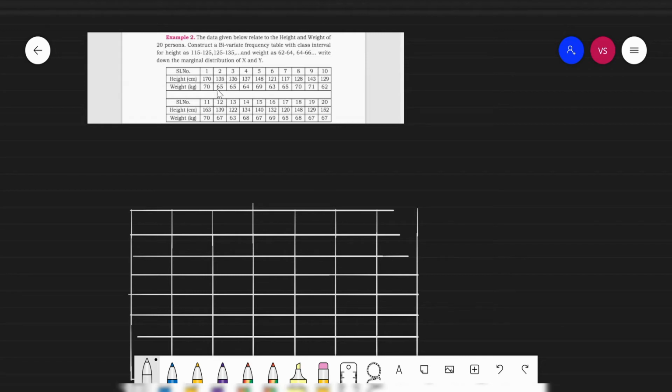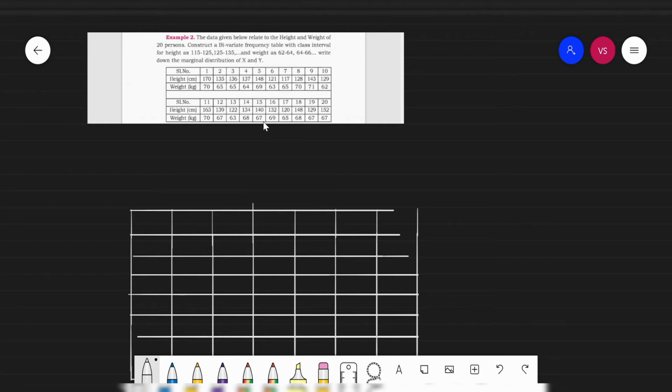Like that, all the data is given for 20 people, students. And they have also mentioned very clearly that the class intervals for height should start from 115 to 125, 125 to 135, like that. And for weights we have to start from 60 to 64, 64 to 66, and so on. This is how we have to find it.